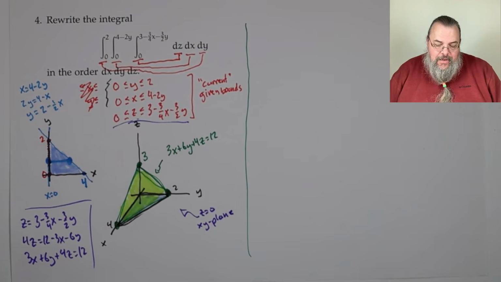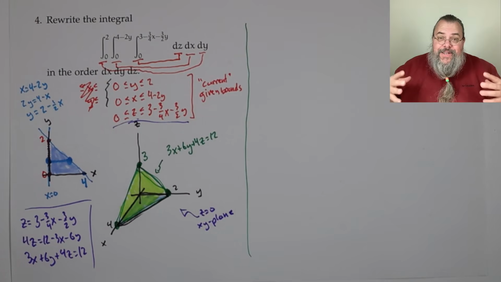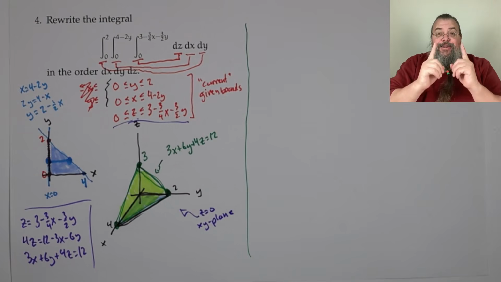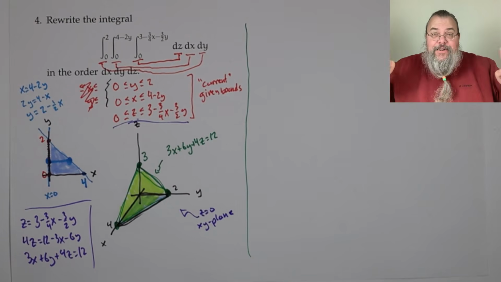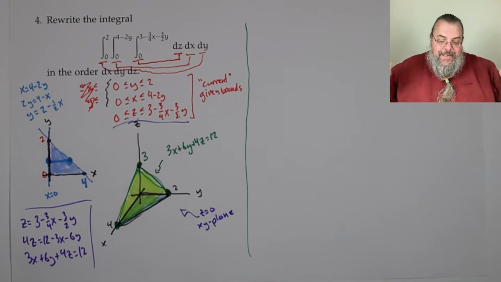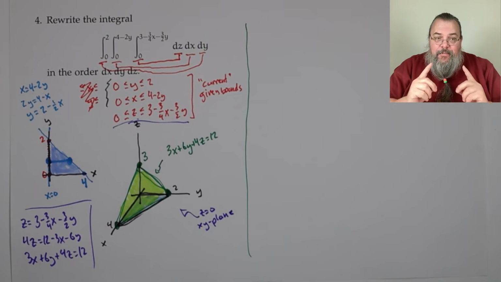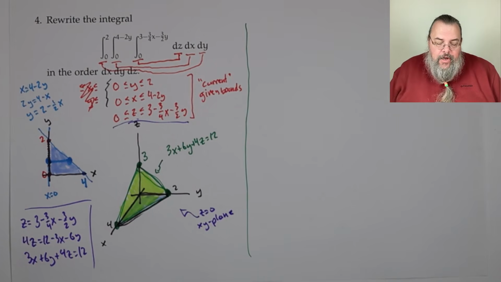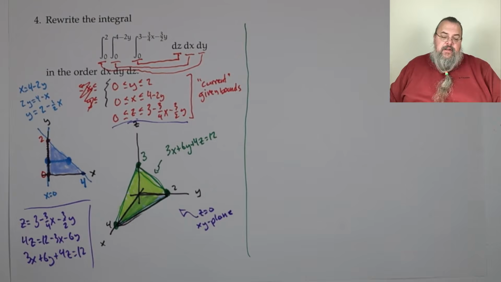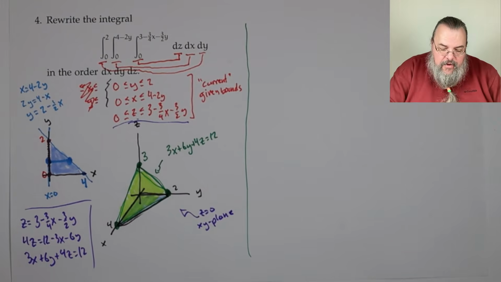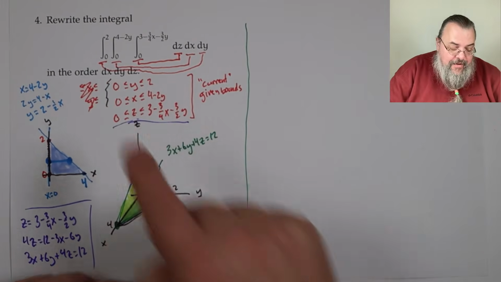So, I'm going to do this in sort of 2 parts. There's the innermost layer, and there's the outer 2 layers. Now, I'll start with the innermost layer. When we do our innermost layer, we say, what is our inner layer going to be? It's a dx.